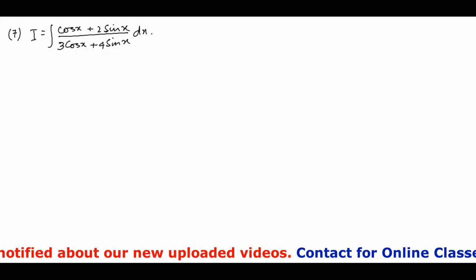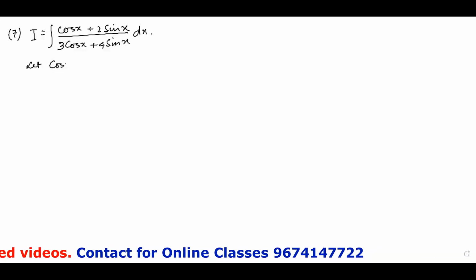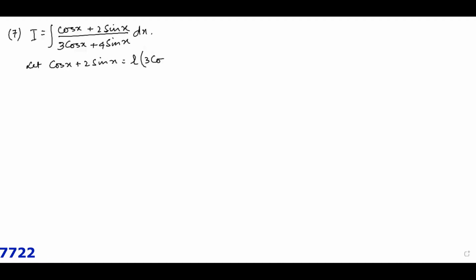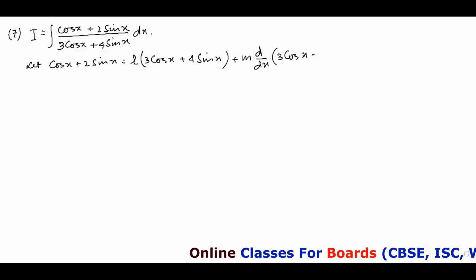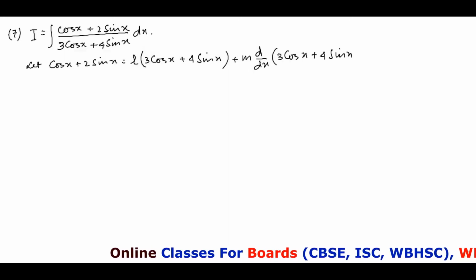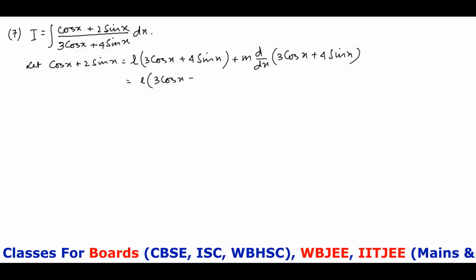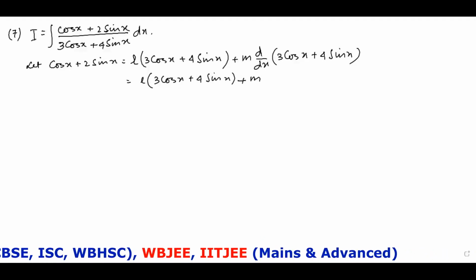Here we will use that special substitution, which is the numerator equals L times the denominator plus M times d dx of the denominator. So we have L and M, two constants, right?